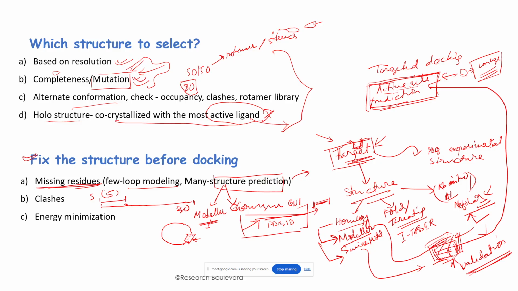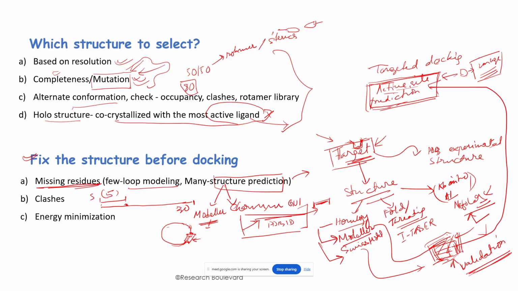You can just anchor these two points. You are not going to change anything in the rest of the experimental structure of the protein, but you are going to model this portion.